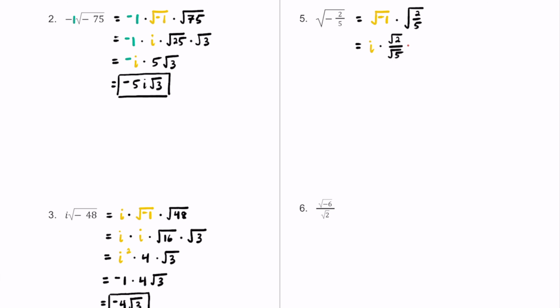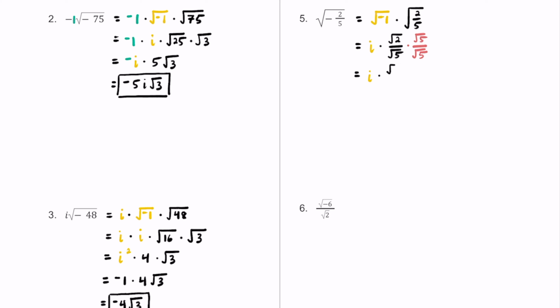Now what we can do is multiply this by the square root of 5 over the square root of 5, which is really just 1, right? Because root 5 over root 5 is just 1. But what we're going to notice here is that the root 5 and root 5 on the denominator will just become a rational value, or just the number 5, right? Now multiplying this root 2 times root 5 on top, just like we've been separating, we can put those back together.